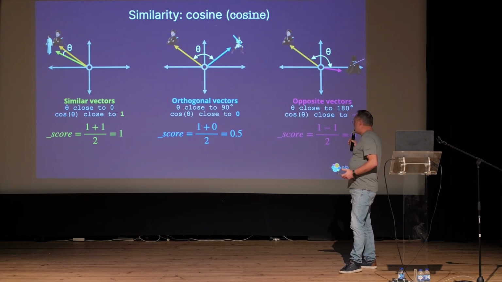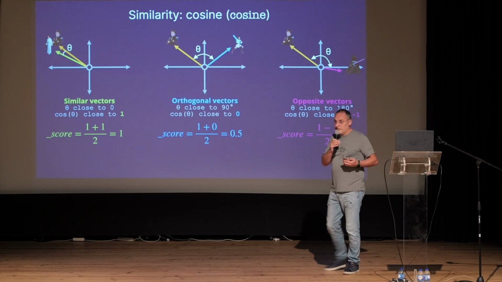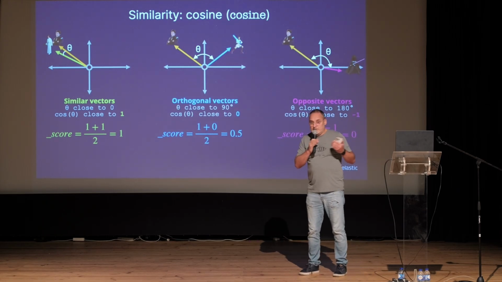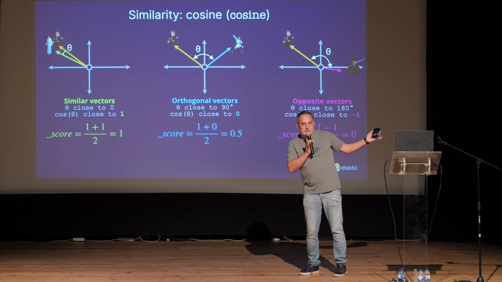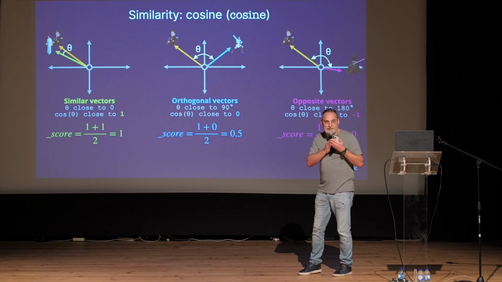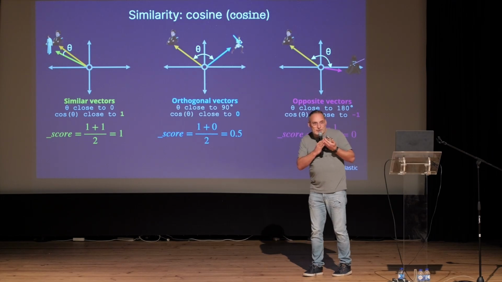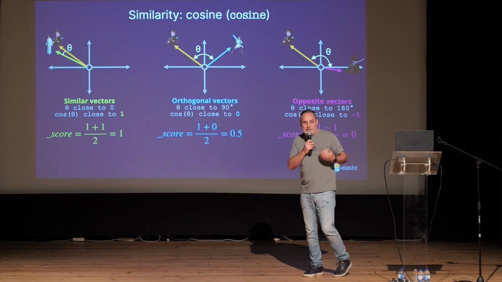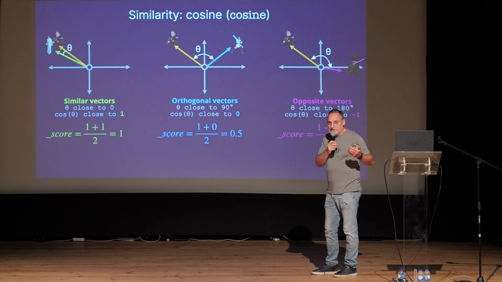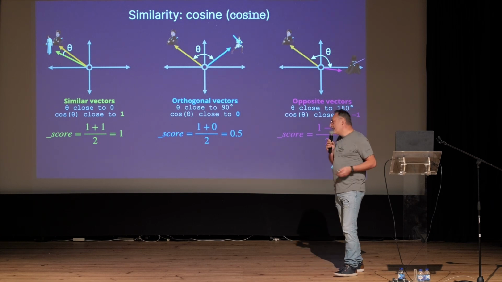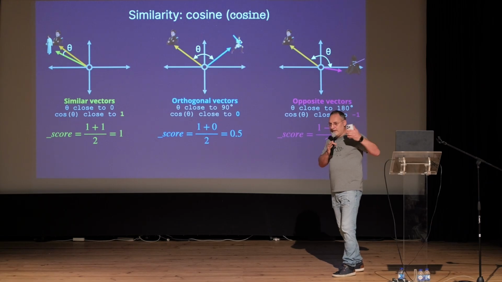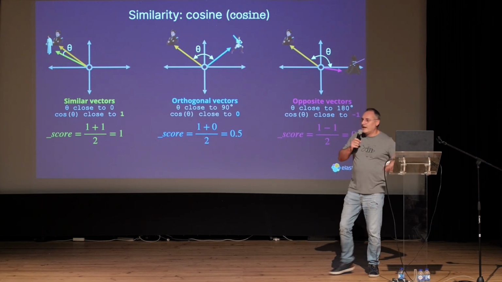And 1 minus 1 divided by 2 equals 0. Okay, so the score is between 0, opposite vectors, and 1, exactly merged vectors, I would say. So that's how it works behind the scenes. Obviously, there are many more dimensions. It's not as easy as I can show here. There's more complexity in that, but you have the main idea of all that.